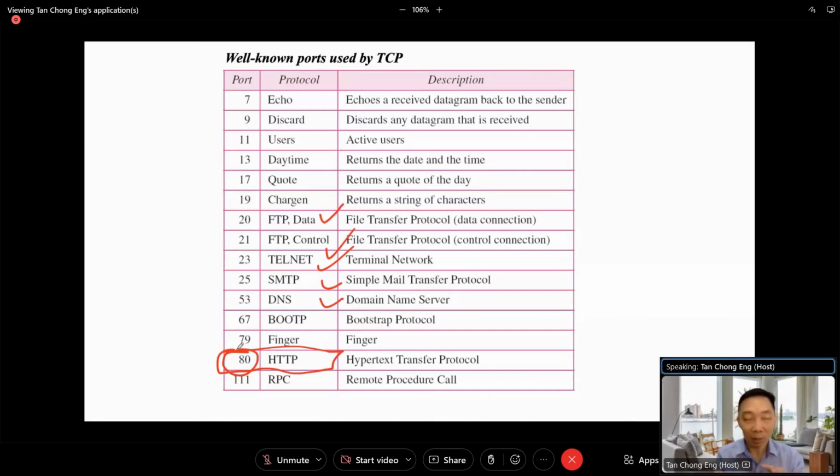Below 1000 is some kind of standard that people have already fixed. If you don't like 80, you can always reconfigure your web server to listen to another port that you like. But the default one is 80, so you don't even need to specify anything, and you will be able to access what we call HTTP traffic.